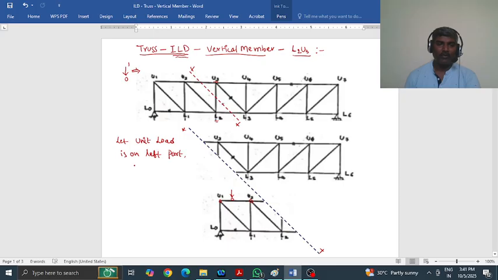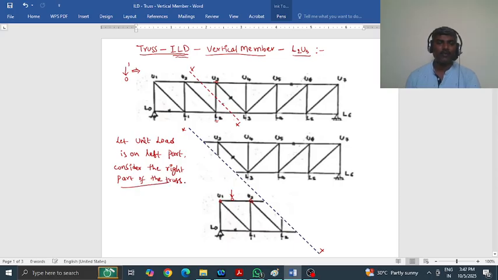Now when the load is to the left of the section, you consider the right part of the truss for the analysis.